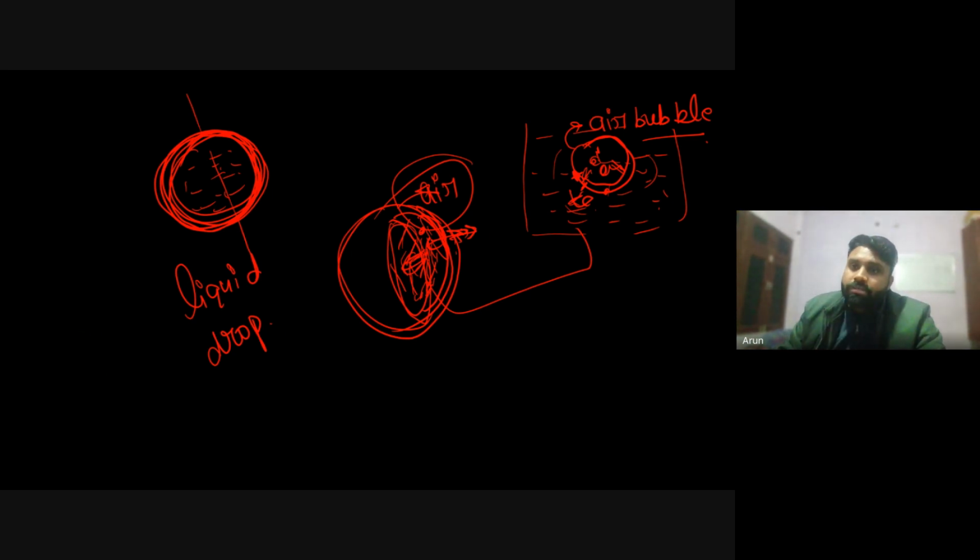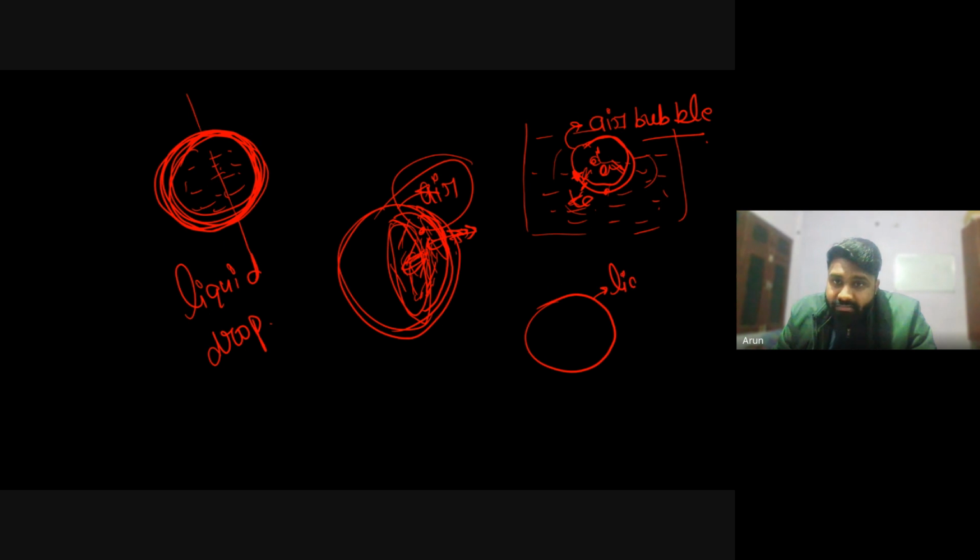But if you talk about the soap bubble, we can also make it with the soap bubble blower that comes. It's a very famous toy among children. Soap bubble is made of a very thin liquid film. This is a liquid surface. Here, inside there is air only, and outside is also air.